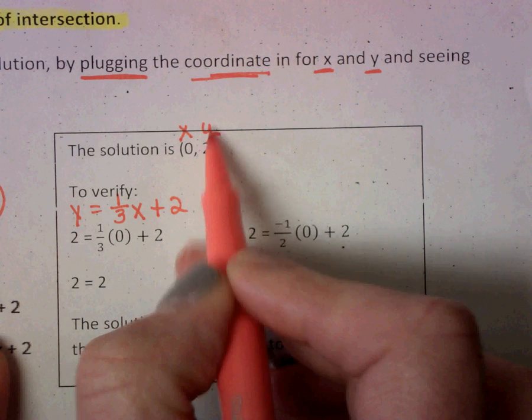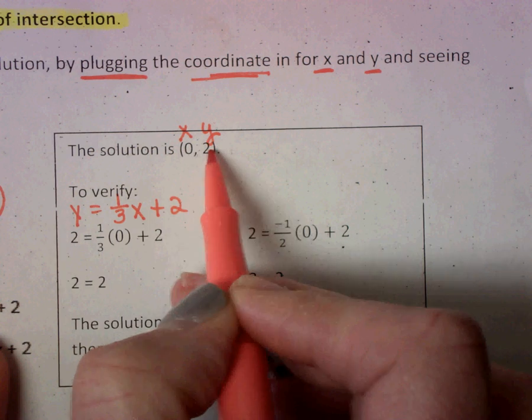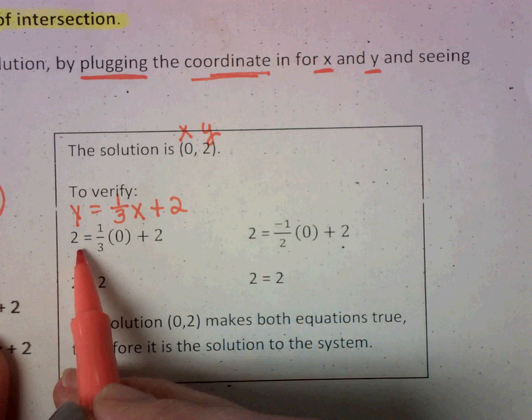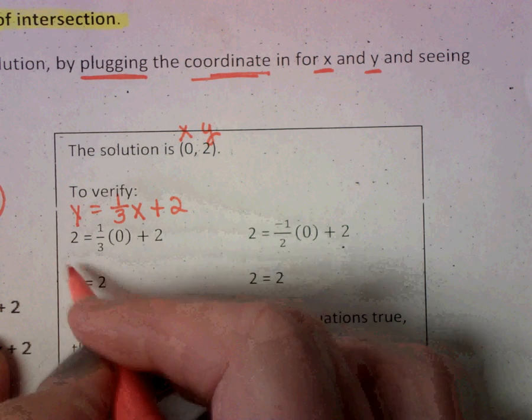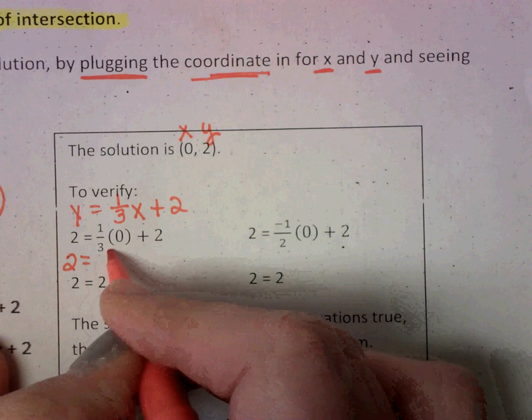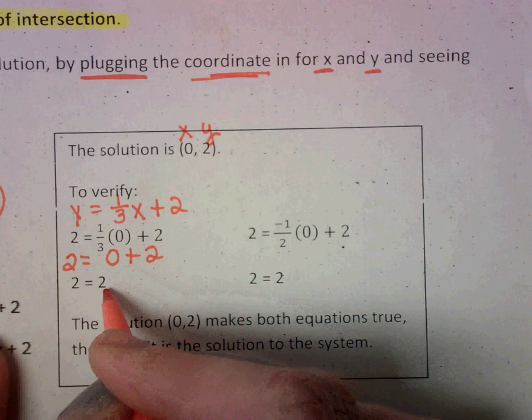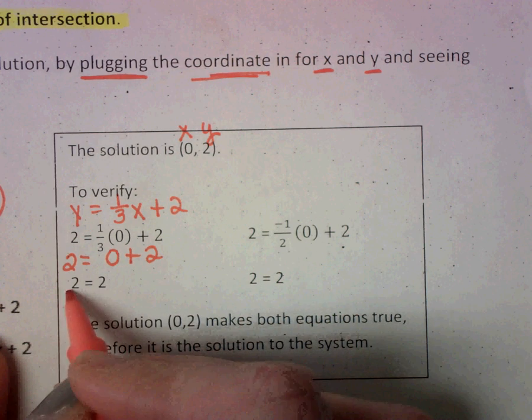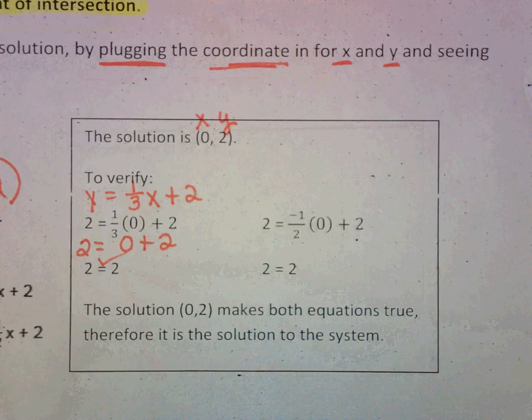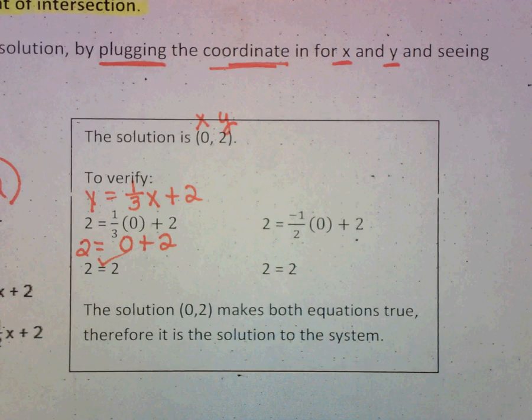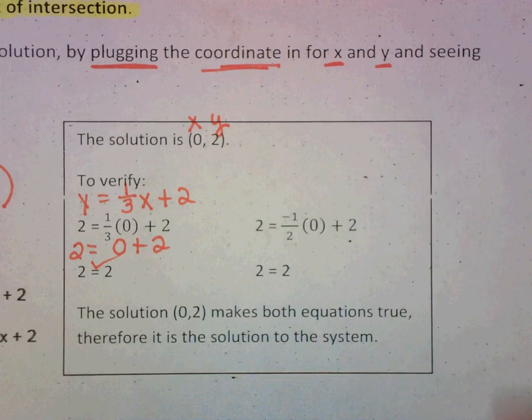I took my value of 2 because it's my y and I plugged it in for y, and then I've worked it out. 1/3 times 0 is 0. 0 plus 2 is 2, and 2 is equal to 2. That is true. So I know that so far I've picked the correct solution.